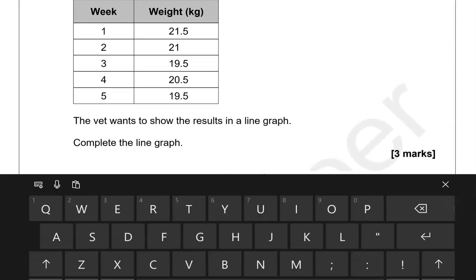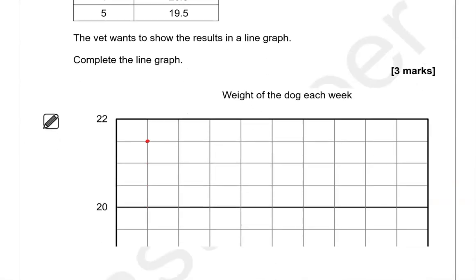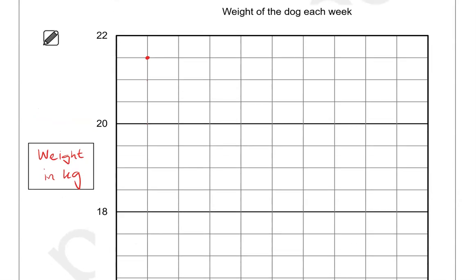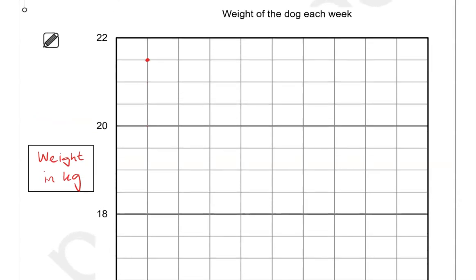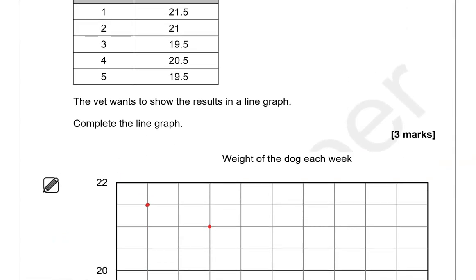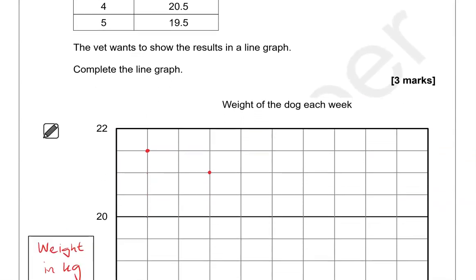Week 2 we've got 21. So there is week 2, 21, which sits between 20 and 22, halfway through. And then we've got 19.5.